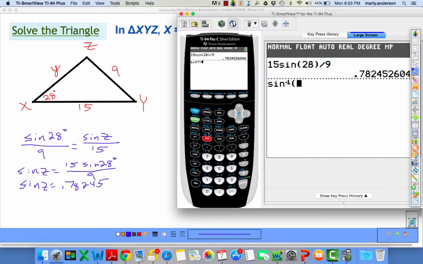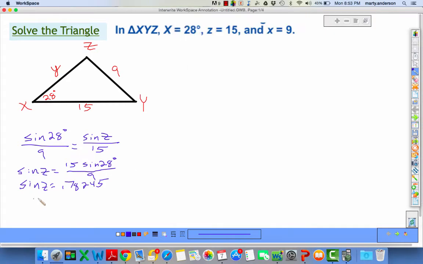Second sine, second answer will give me that. And I get 51.4. Let's call it 51 and a half. So I get a value of Z equal to 51.5 degrees.